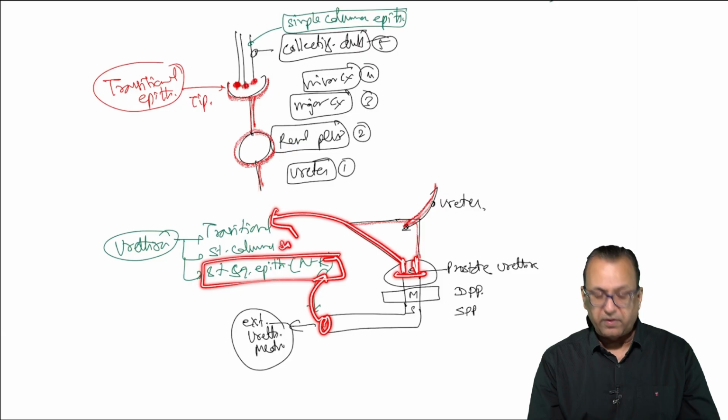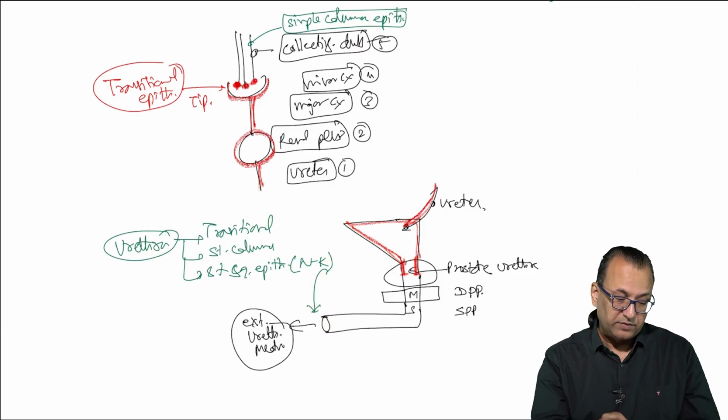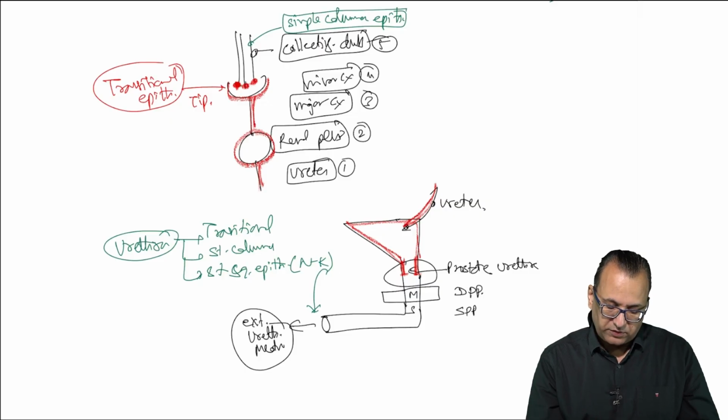Then where is stratified columnar? Rest of the urethra. And what is the rest of the urethra? You can mark it: the lower half of the prostatic urethra, the membranous urethra, the spongy urethra, which is going to the penile shaft also. All this will be stratified columnar epithelium.